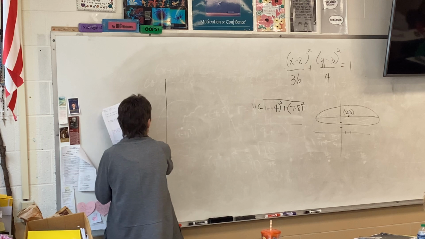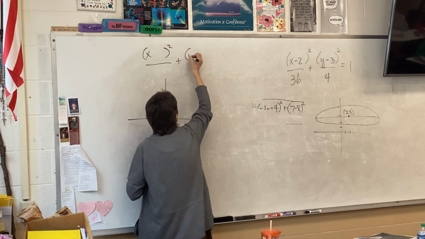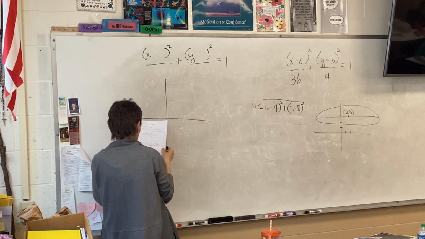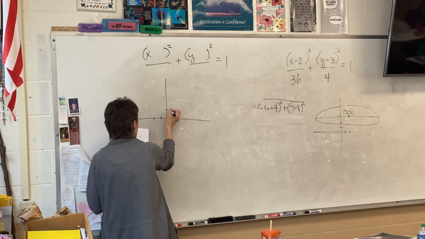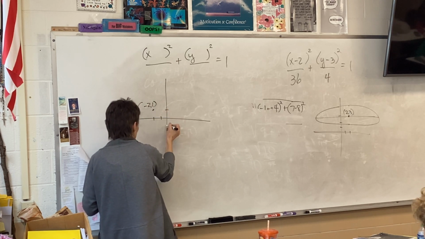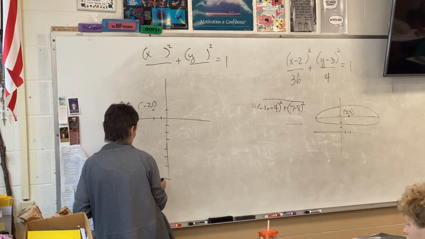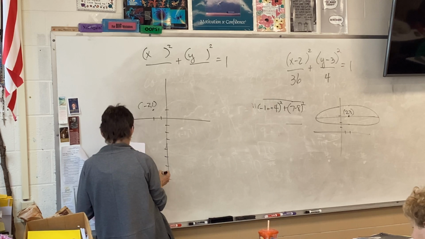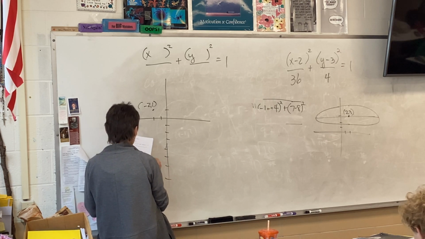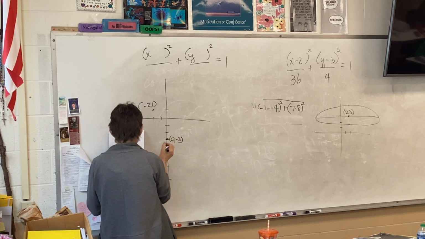My major axis has endpoints at -2, 1, and -2, -7, and 0, 3, and -4.